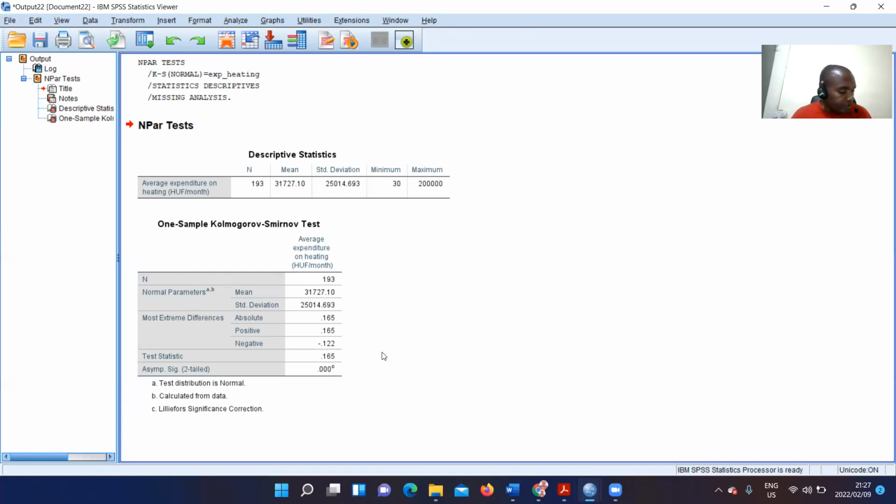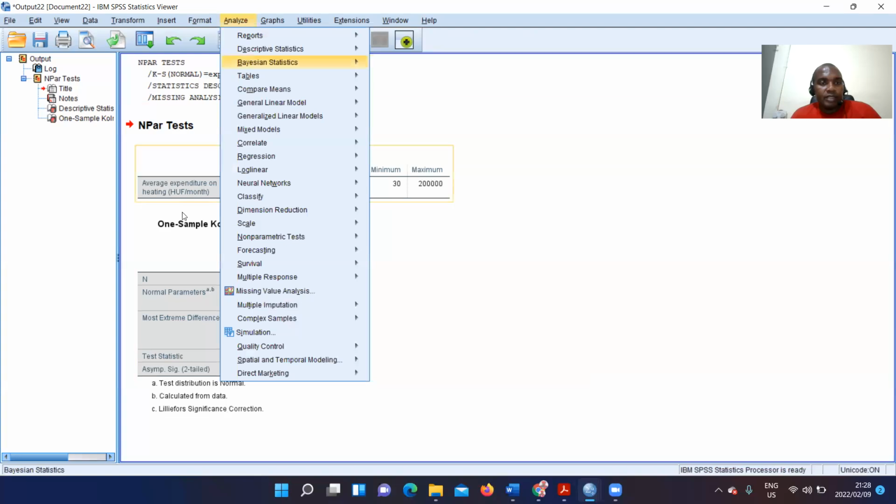A normal distribution, we know, is a mesokurtic bell-shaped curve around your histogram of information. So you can easily see why we are saying the average expenditure on heating does not follow a normal distribution.